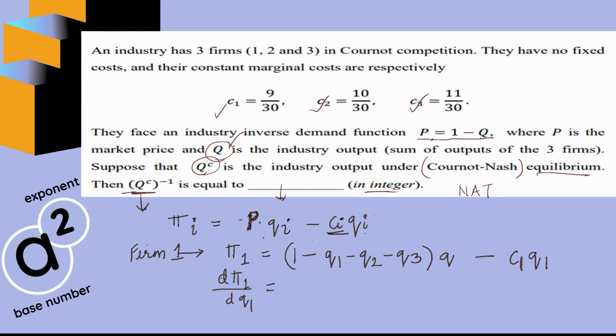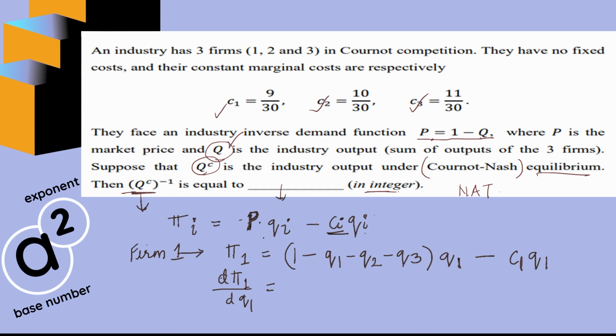So this is Q1 minus Q1 square minus Q2 Q1 minus Q3 Q1.